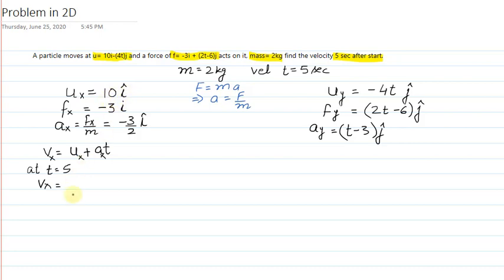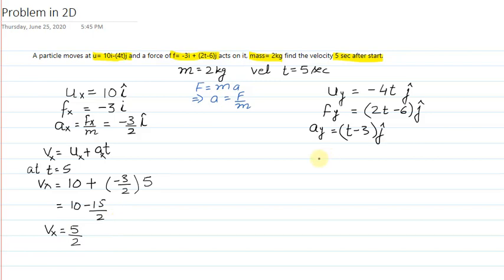Ux is 10, plus a is -3/2, and t is 5. If I solve it, I'll get 10 minus 15/2, so vx is equal to 5/2, in meters per second or whatever the units are.